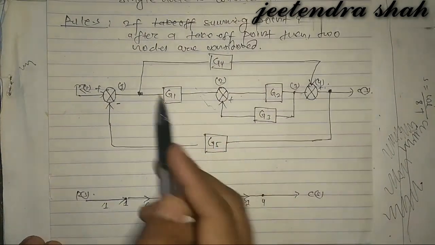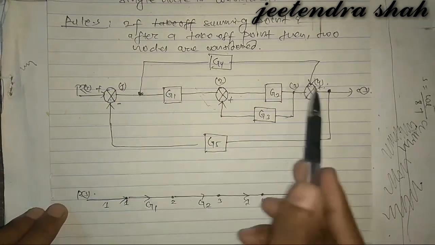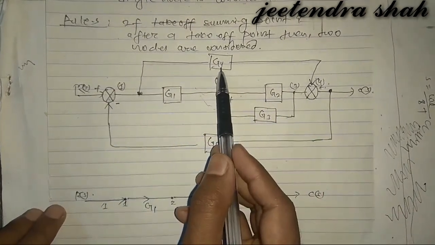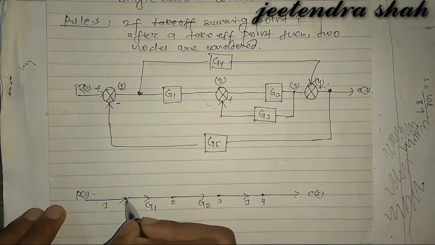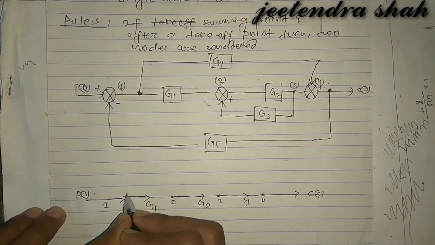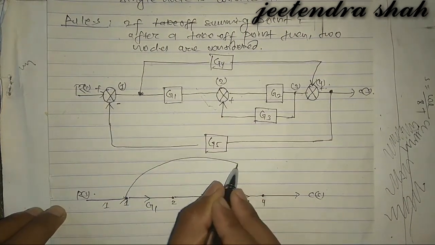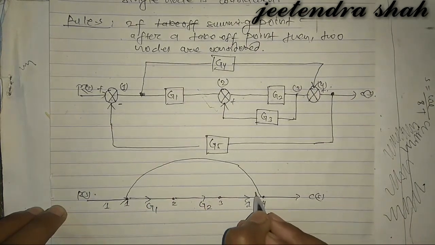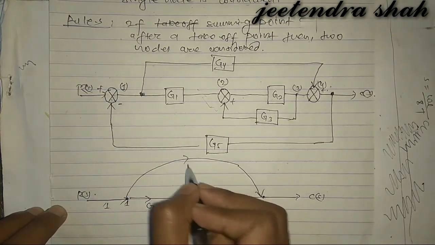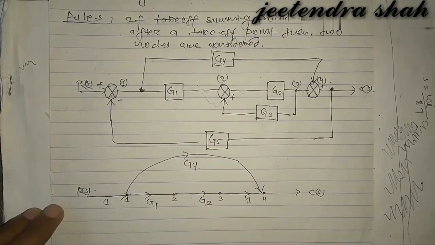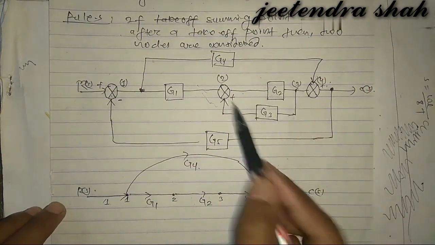And from node 1 to node 4 we have G4, meaning feedback.